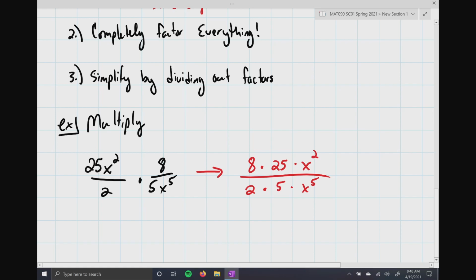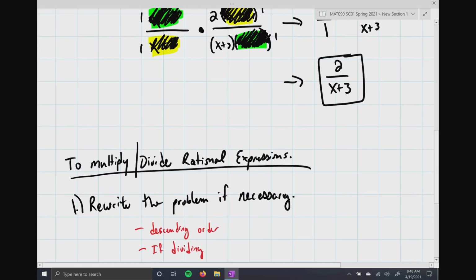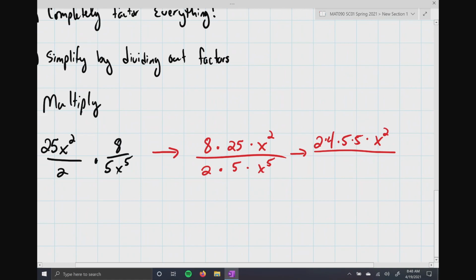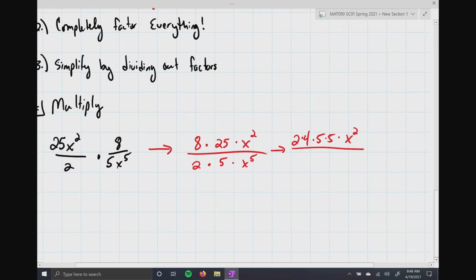Now, that 8 is 2 times 4. That 25 is 5 times 5. And I'll leave the x to the second as x to the second. In my denominator, 2, 5, and x to the fifth.